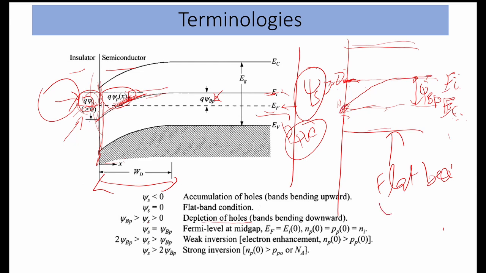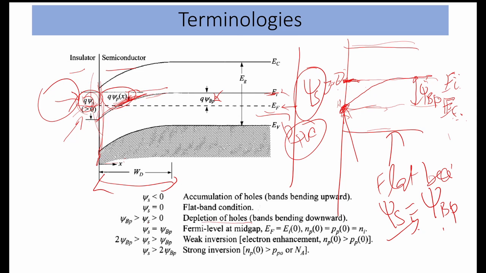This is the case when psi S is equal to psi BP. At this point, at the interface, the electron concentration is equal to the hole concentration.